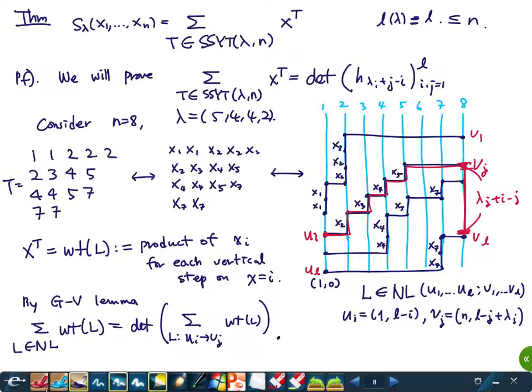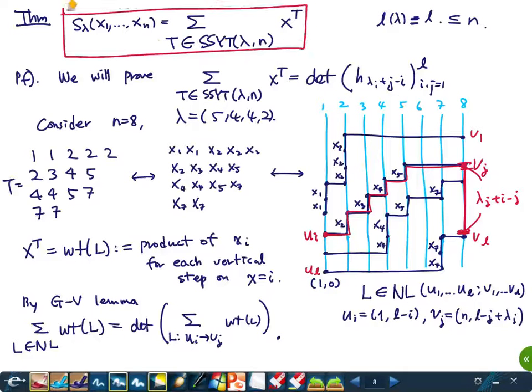This can actually be taken as a definition. If you don't want to talk about determinants and things like that, if you're only interested in combinatorics, then you can consider this as a definition, and you can still prove many things.